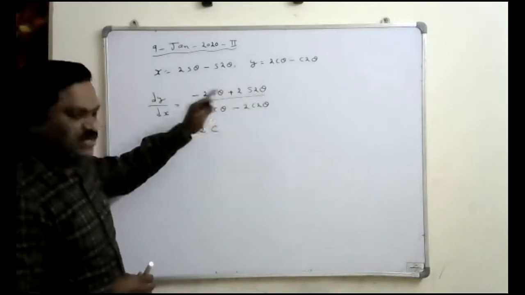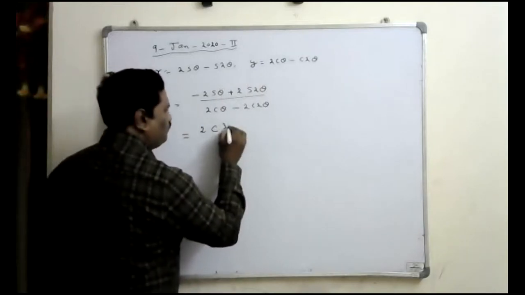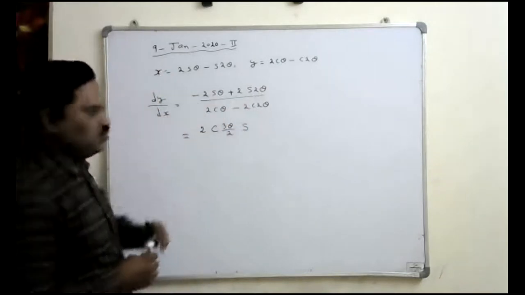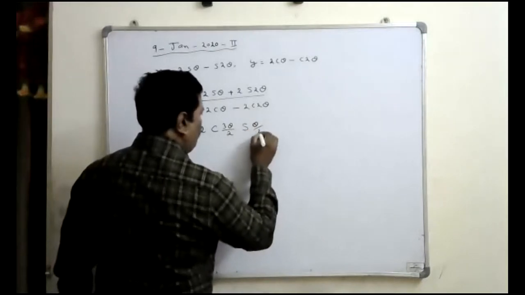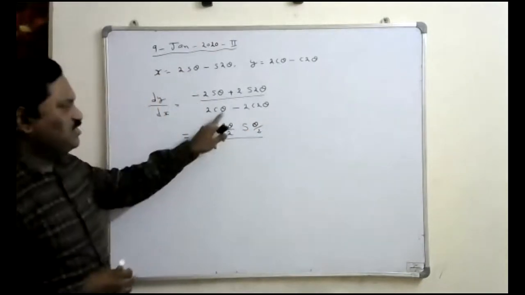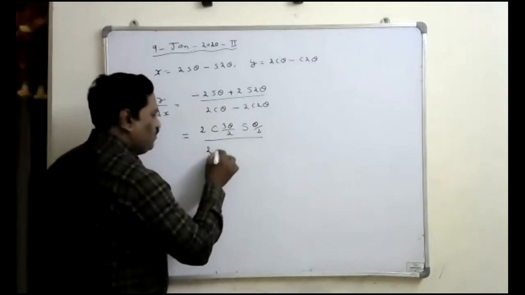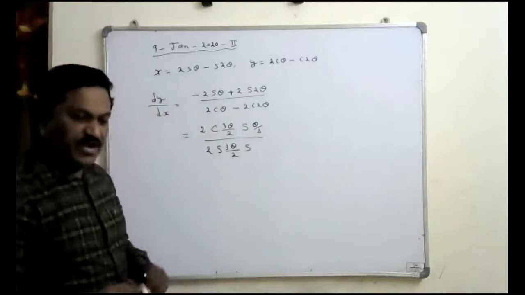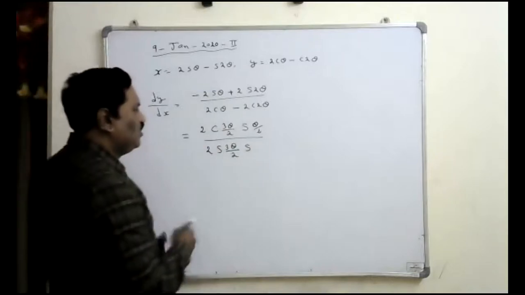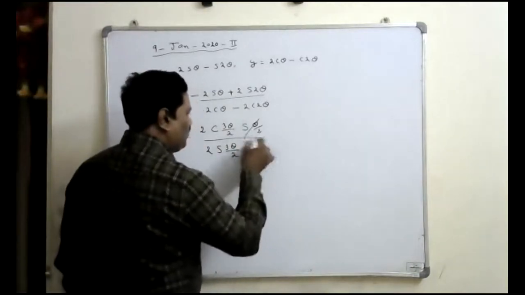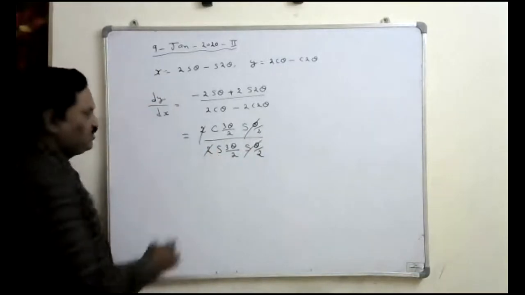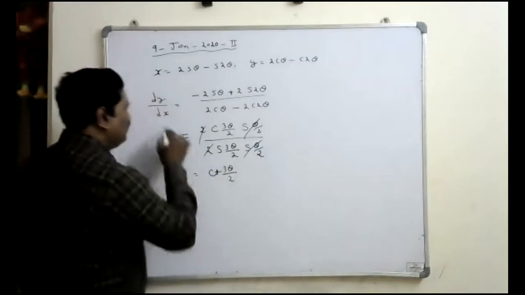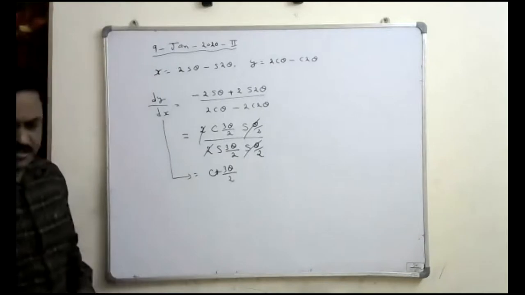C means 2 theta plus theta by 2, which is 3 theta by 2, into sin (c minus d) by 2, 2 theta minus theta by 2, which is theta by 2, upon the denominator is in the form of cos c minus cos d, which is 2 sin (c plus d) by 2, that is 3 theta by 2, into sin (d minus c) by 2, that is 2 theta minus theta by 2, which is theta by 2. So this is getting cancelled, 2 gets cancelled. So its first derivative is cos by sin, which is cot 3 theta by 2. This is the first derivative of it, cot 3 theta by 2.